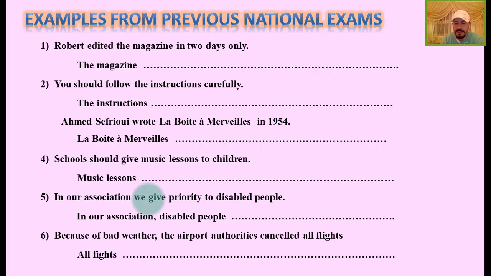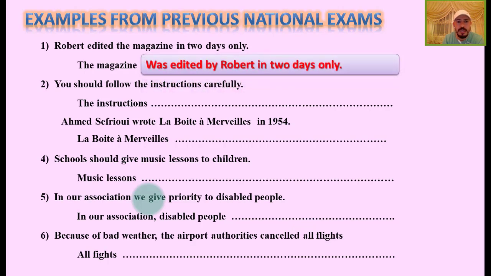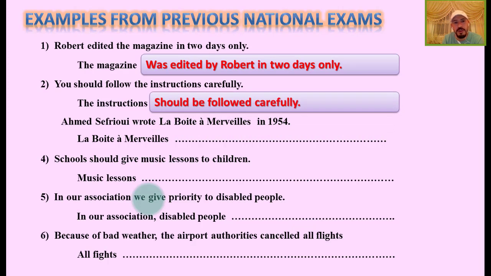But let's see the answers now. Number one, the magazine edited. So we have here the verb edited in the simple past, becomes the magazine was edited by Robert in two days only. Number two, the instructions, we have the words should follow. It becomes should be followed carefully. So it's not necessary to say by you, right?